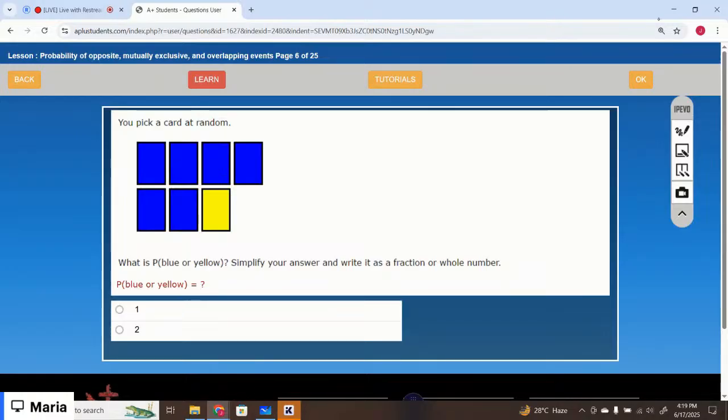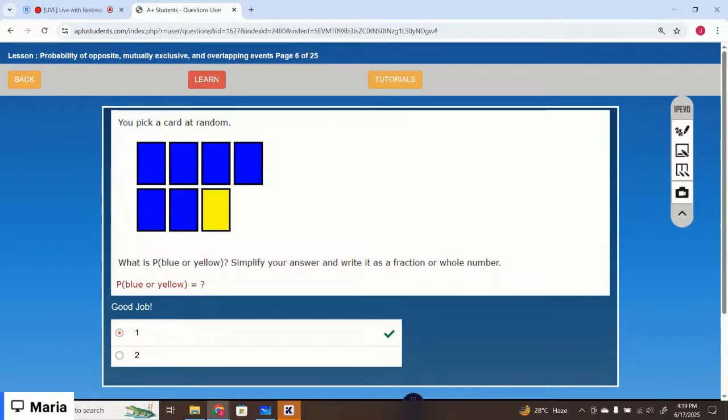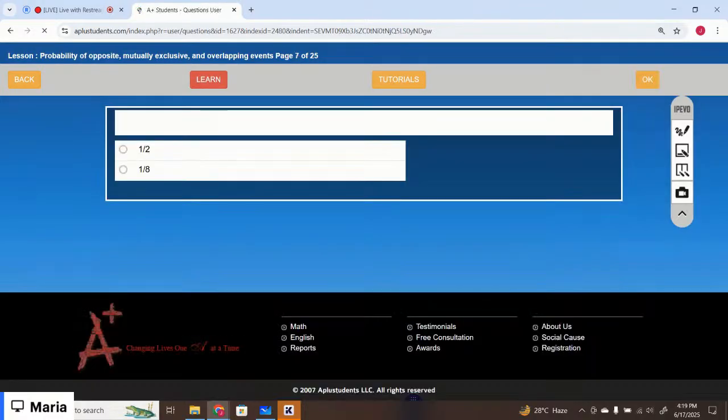The correct option is 1. So we have 6 brown and 1 yellow. So the probability of yellow or blue is 1.